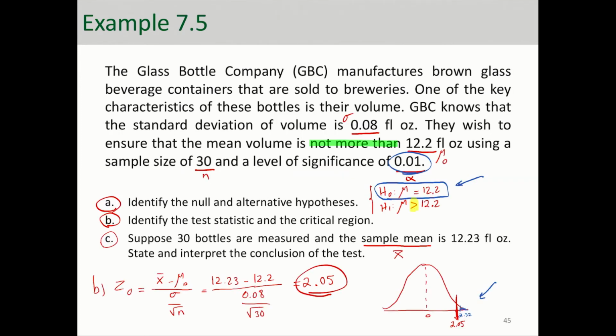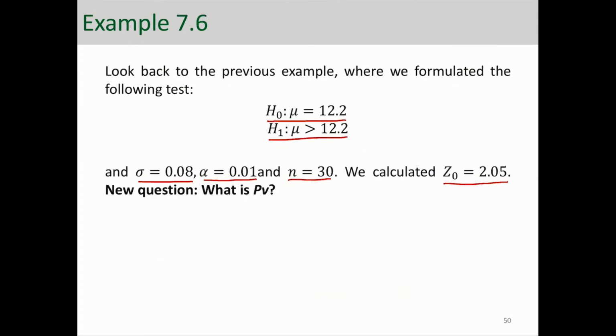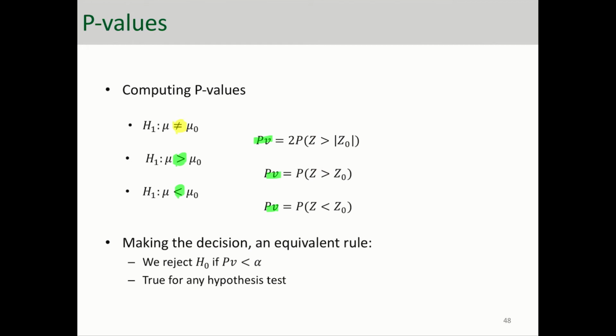Here it is, 2.05. Now, what is the p-value? First thing to look at is, our test is a one-sided test and the sign is greater than. So we go back here. For that type of test, this is how you calculate the p-value: probability of z greater than the z-score.